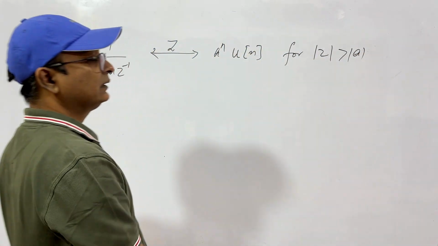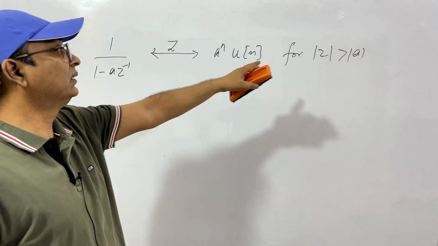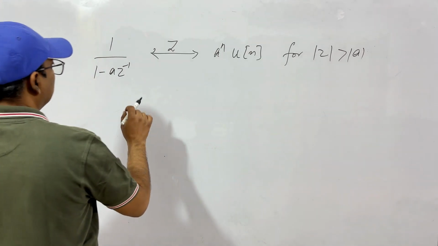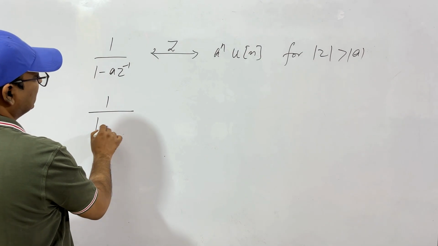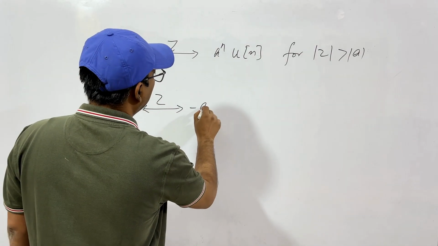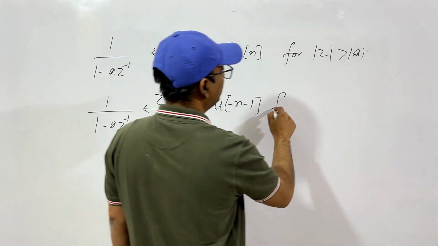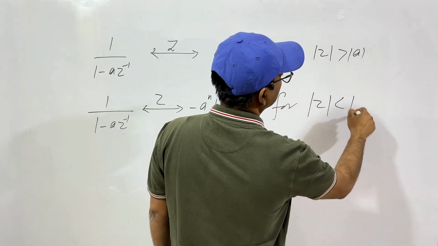The region of convergence is greater than a. So this gives this when Z is greater than a. Secondly, the same expression is for minus a to the power n u minus n minus 1 for Z less than a.